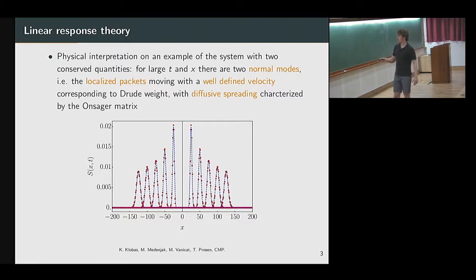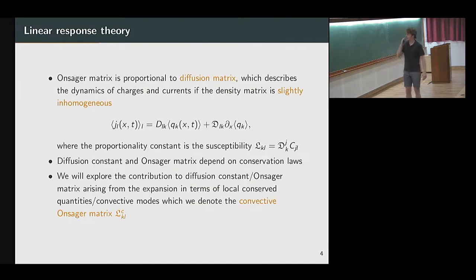What we see is that we have two excitations, because we have two charges, which are moving with some constant velocity, and this velocity is given by the eigenvalues of the Drude matrix. But we also see that this excitation spreads as time increases, and the width of this spread is characterized by the Onsager matrix. Okay, so this is a physical picture.